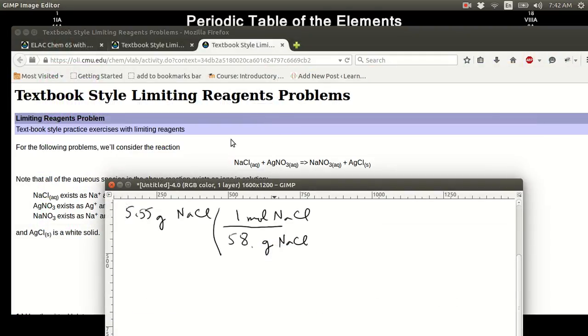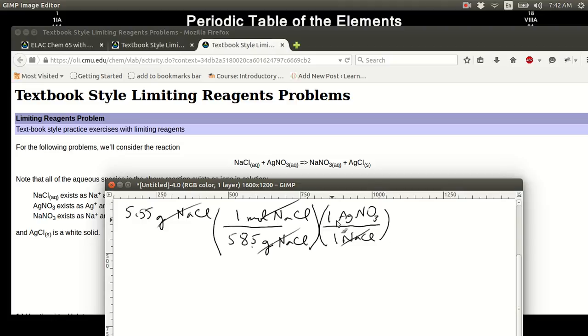Okay, so this is about 58.5 grams of sodium chloride. These cancel. And I want grams of silver nitrate. So I know that there is 1 mole of sodium chloride right there. And you see there's no number there, so that means 1. 1 mole of silver nitrate.